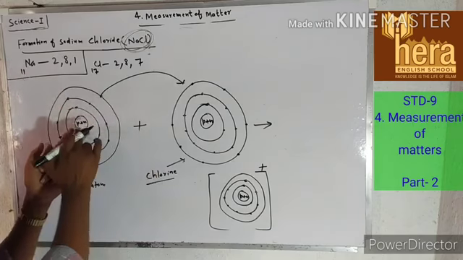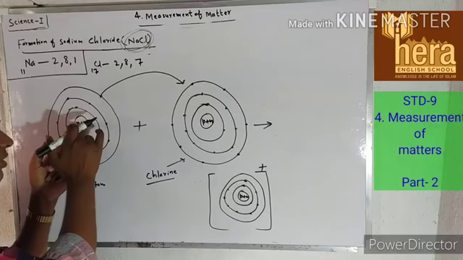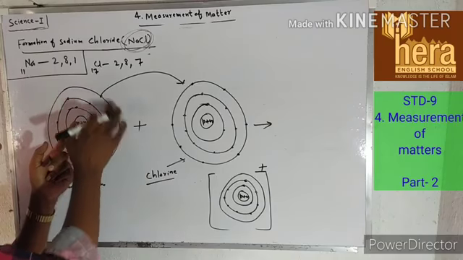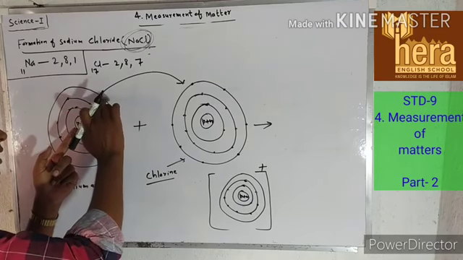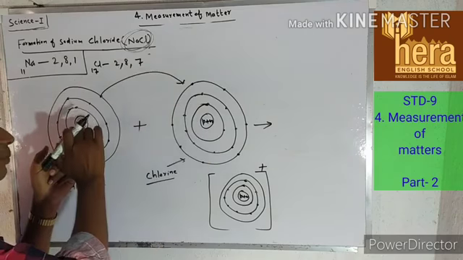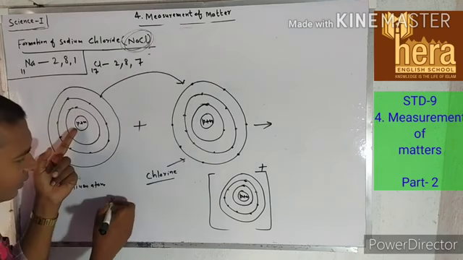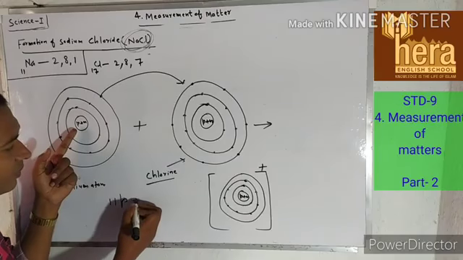Since protons are in the nucleus, there are 11 protons and 11 electrons. But now what happened? Now this electron is given to the chlorine atom. So 11 protons, and there are 10 electrons.